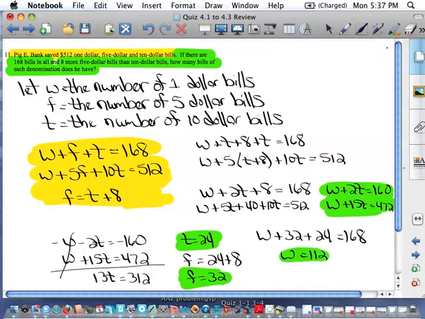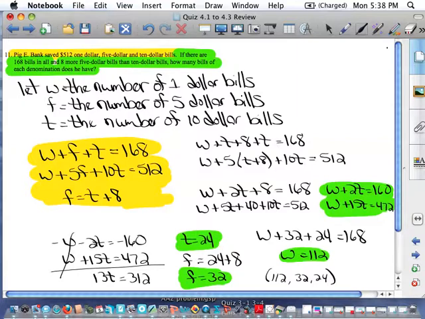And your ordered triple would be 112, 32, and 24. And again, you should write then the sentence that says Piggy has 112 ones, 32 fives, and 24 tens.